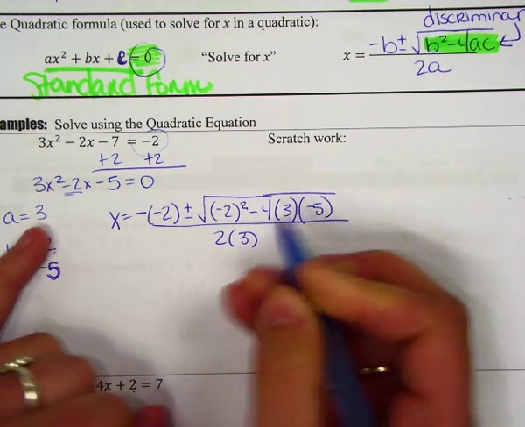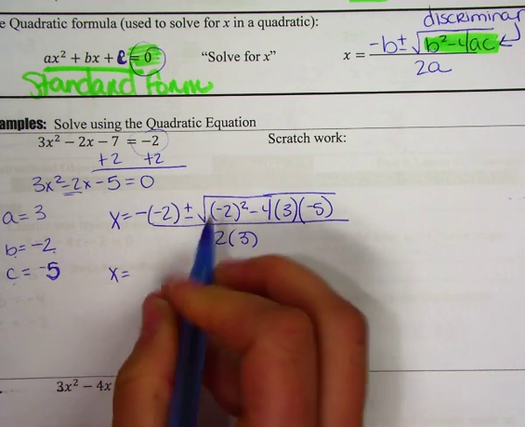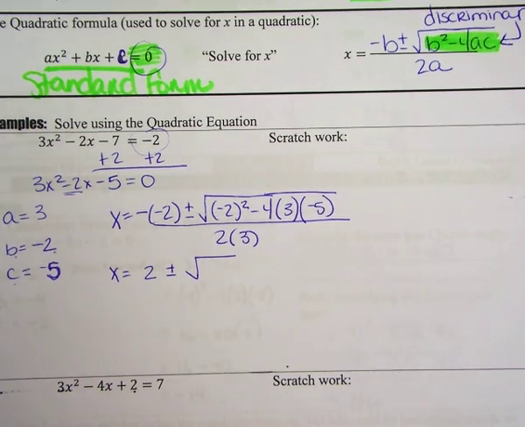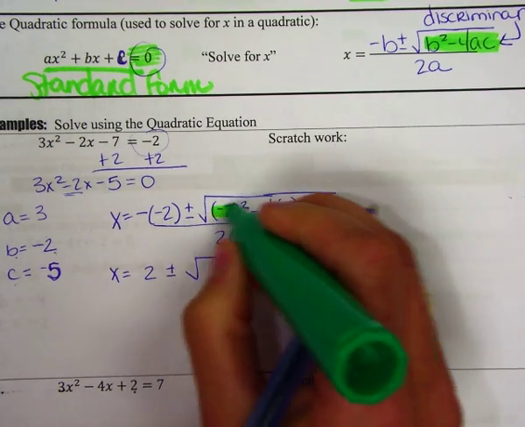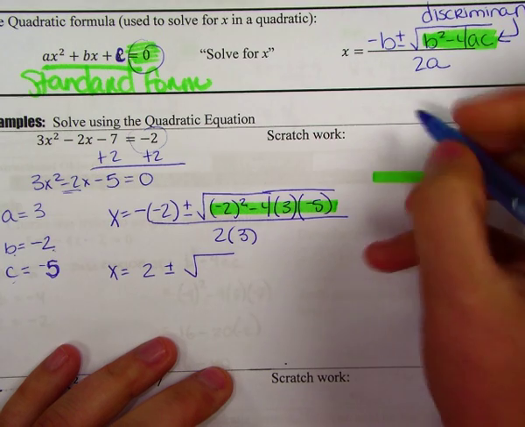I've just substituted numbers in. Now I need to simplify. X equals negative times a negative is a positive. And then there's a lot of stuff underneath that square root, so I'm going to come to the side over here and simplify the discriminant.